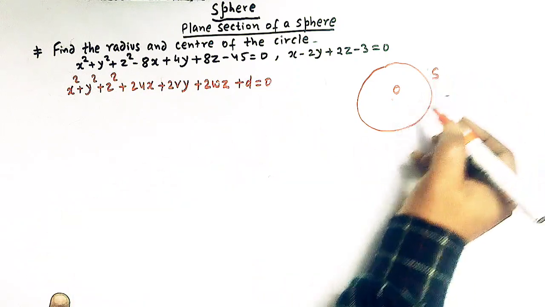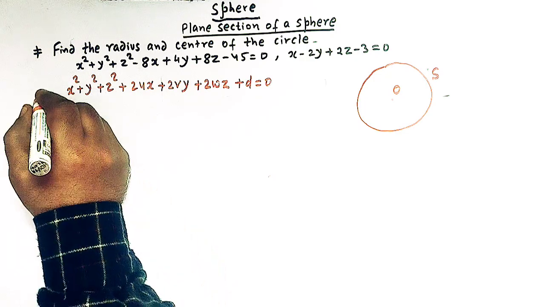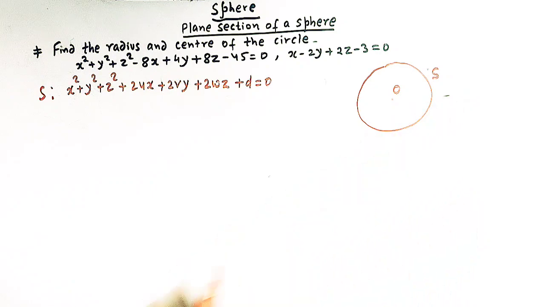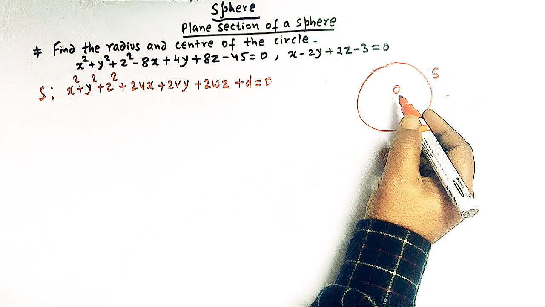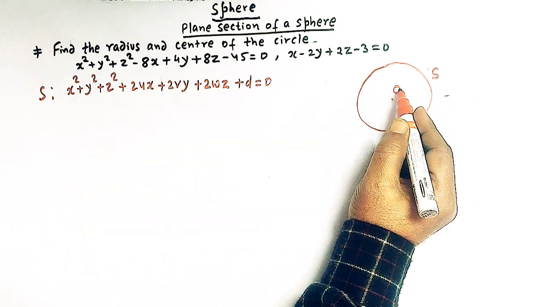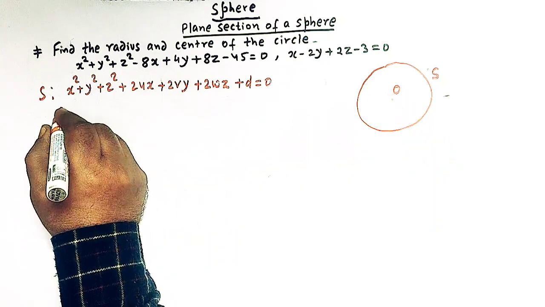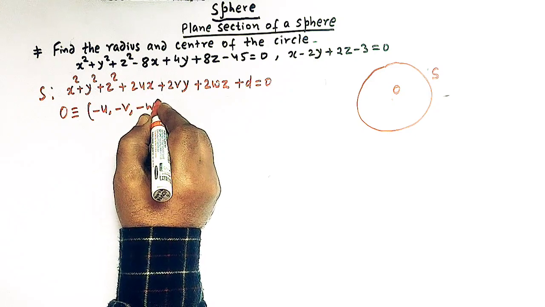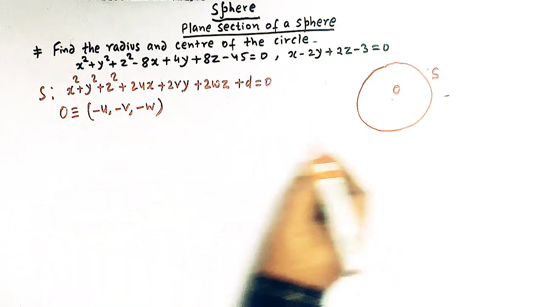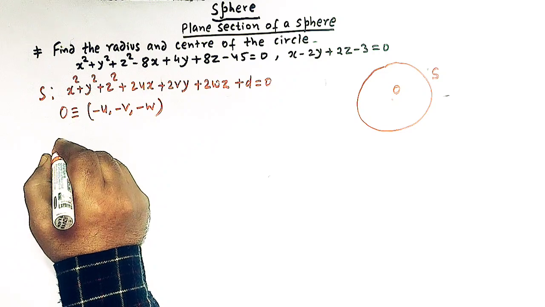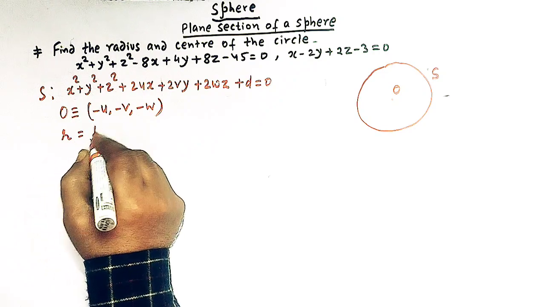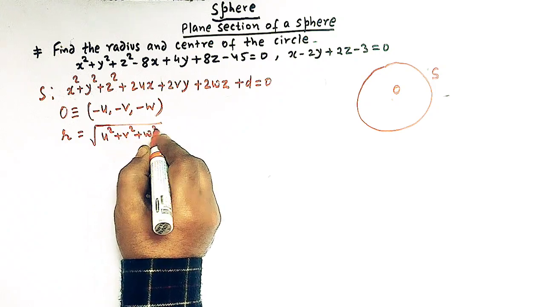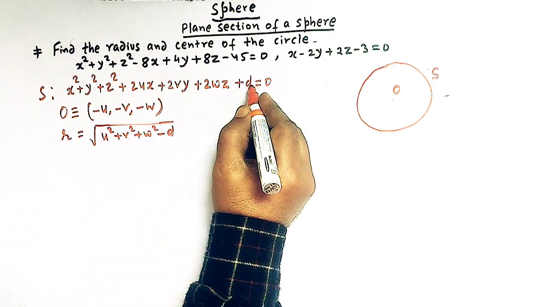And let us denote the sphere by the letter S. So S is the equation of this sphere having center O, right? And the coordinates of the center of the sphere are given by minus u, minus v, and minus w, right? And the radius of this sphere, say r, is given by square root of u square plus v square plus w square minus d, right?